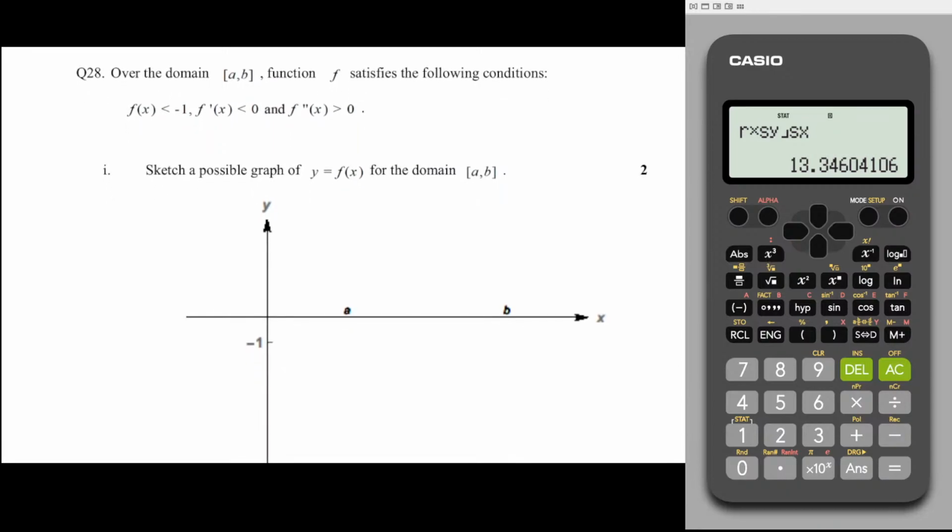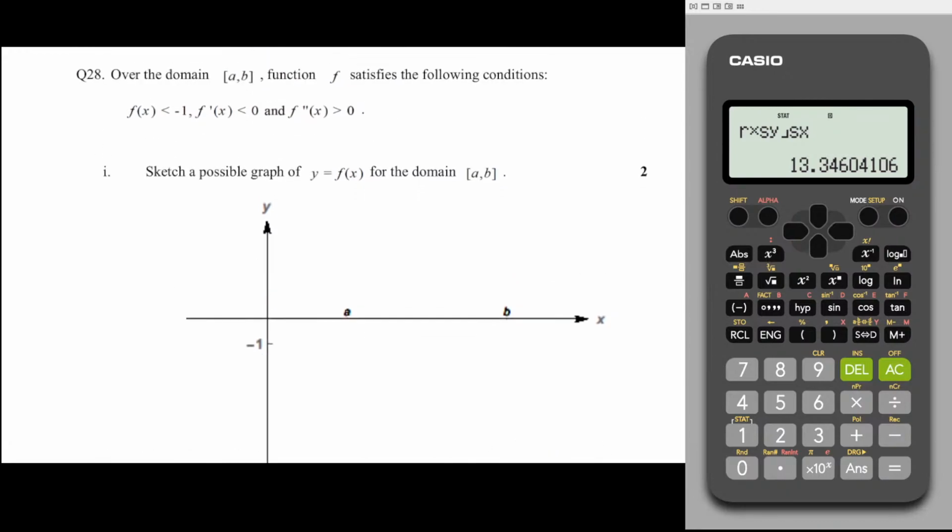Okay. Over to domain A to B. Okay, so here's A, here's B. Function f satisfies the following conditions. f of x is less than -1, and the derivative of x is less than 0, and the second derivative of x is greater than 0. Sketch a possible solution for this graph.